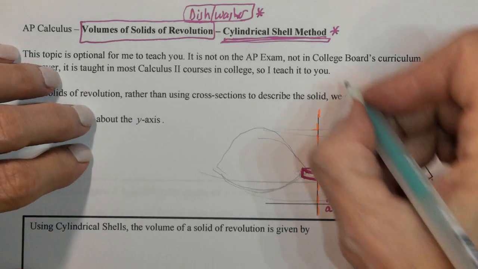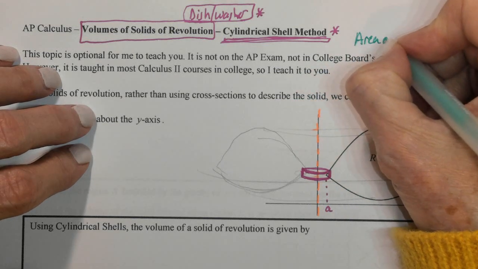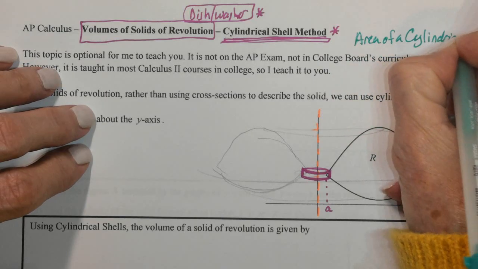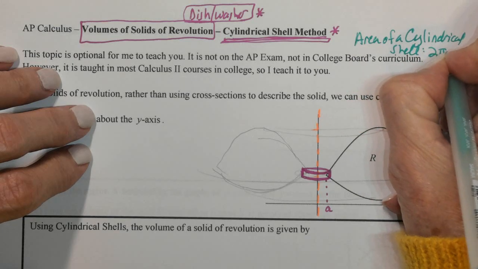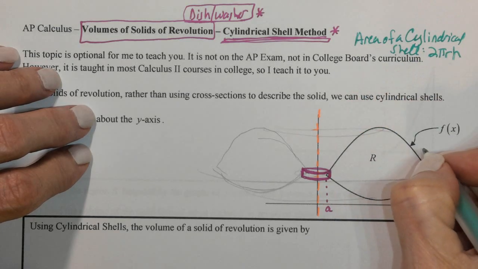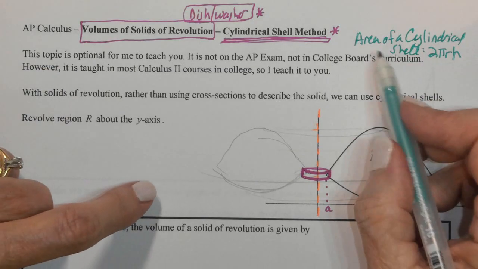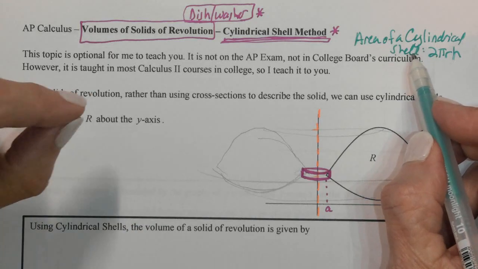The area of a cylindrical shell is 2 pi r times the height of the cylinder, okay? So that would be just the area of that cylindrical shell.